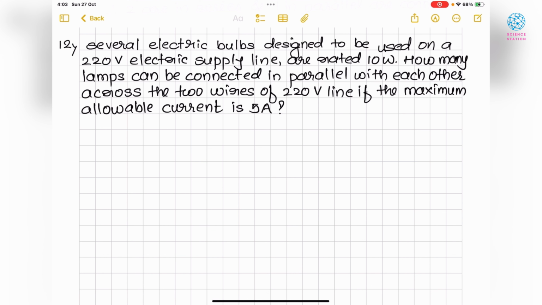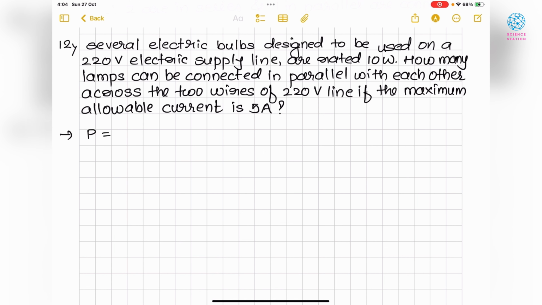Now next question says, several electrical bulbs designed to be used on a 220 volt electric supply line are rated 10 watt. How many lamps can be connected in parallel with each other across the two wires of the 220 volt line if the maximum allowable current is 5 ampere?